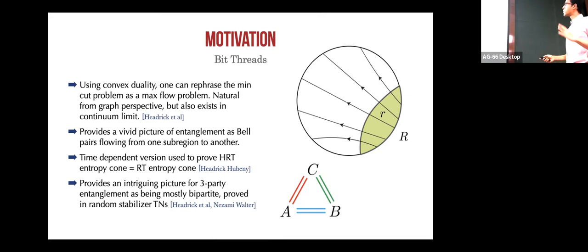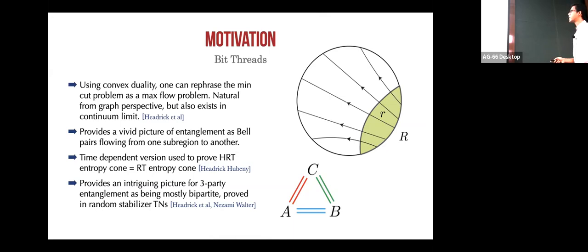Okay, good. Related to what you were saying, you can take this picture and try to look at 3-party entanglement. For 4-party entanglement, there isn't one particular bit thread configuration which can simultaneously give you all the right answers. But for 3 parties, there is, and this is a non-trivial fact. There was no reason this had to exist.